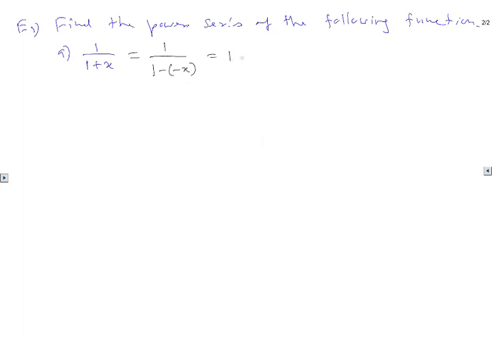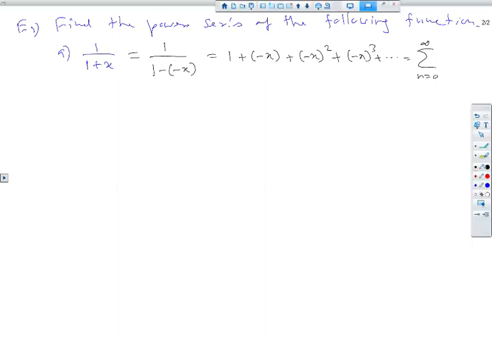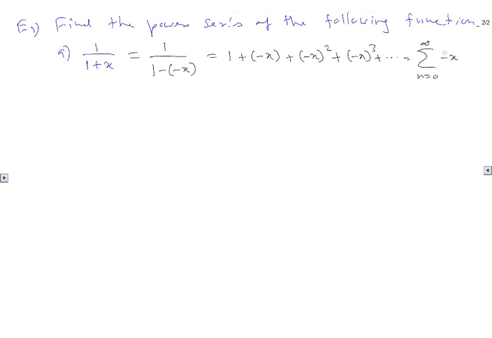So you go to that series and just replace x by negative x. So it is 1 plus negative x, and then negative x squared, negative x cubed, like that. We do the same thing in the sigma notation as well. So the sum from n equals 0 to infinity of negative x to the n power.